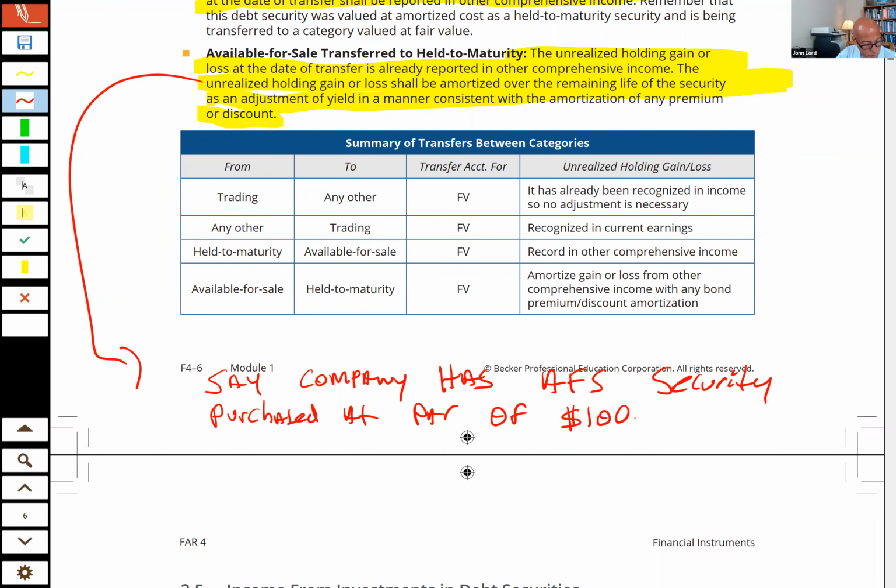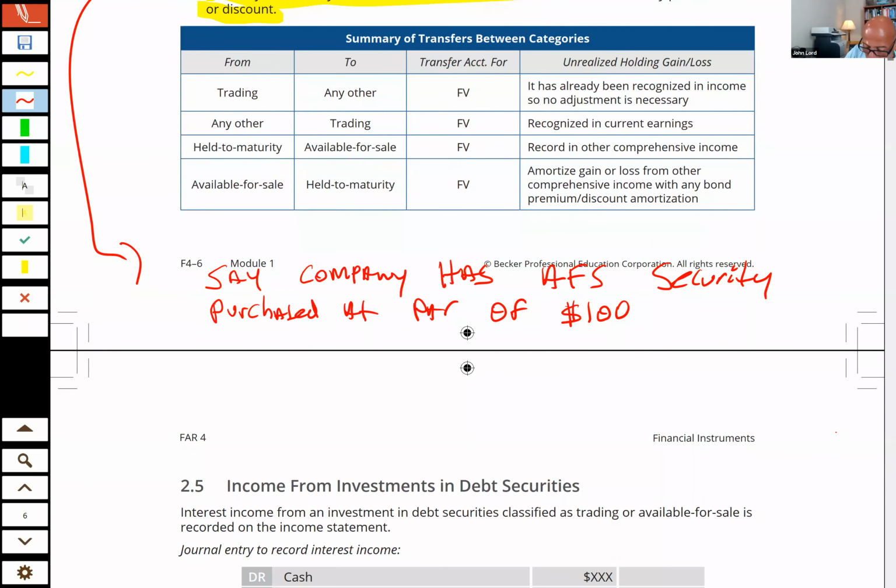Okay, so when they purchased that security, they credited cash, of course, and they would have done what? This is my available for sale security. They would have debited available for sale security for 100, right? Because they purchased it.